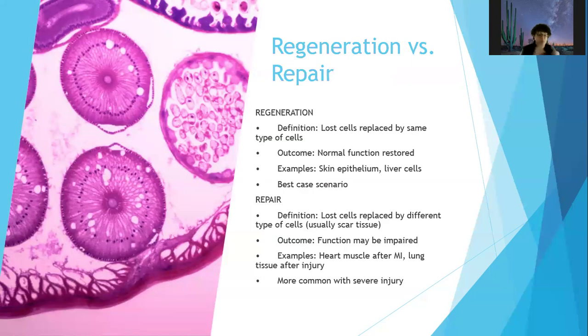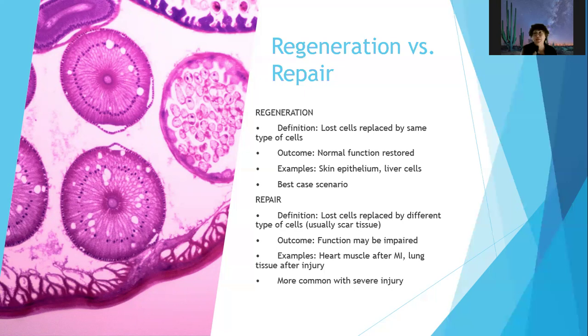When tissue is healing, if you lose or damage cells, they can be replaced by the same type of cell, which is called regeneration. If different types of cells replace the lost cells, the process is called repair. The epithelium of the skin regenerates quickly.